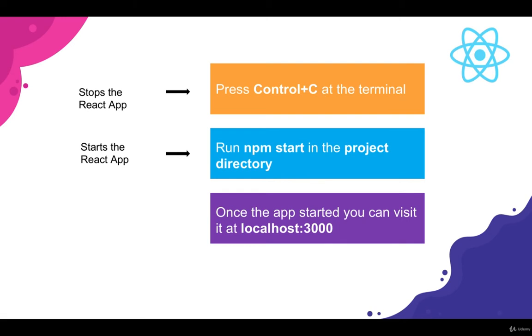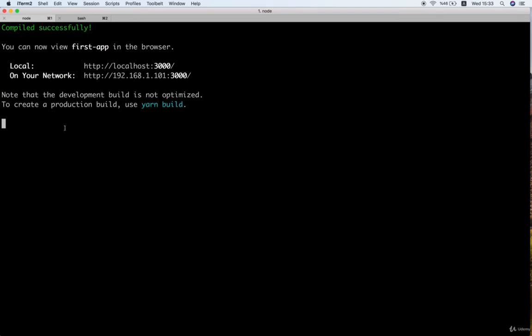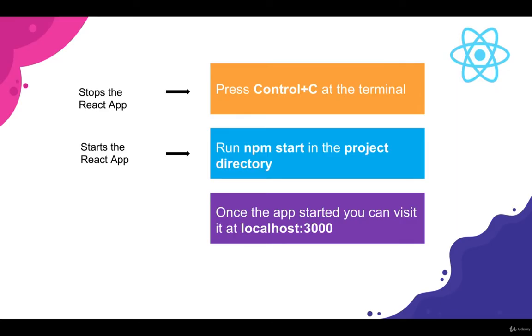So in fact, let's try that out now. I can go back over into my terminal, and I'll see where my React application is running, and then I'll hit Control-C to stop it. Just like so. So if I ever need to start it up again in the future, I'll just run npm start in my project directory.